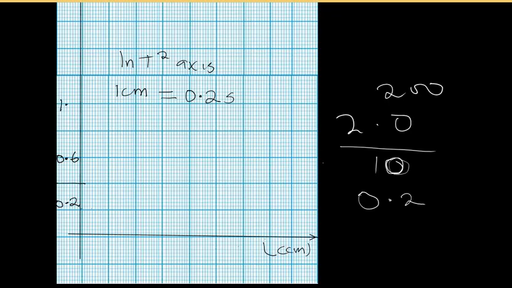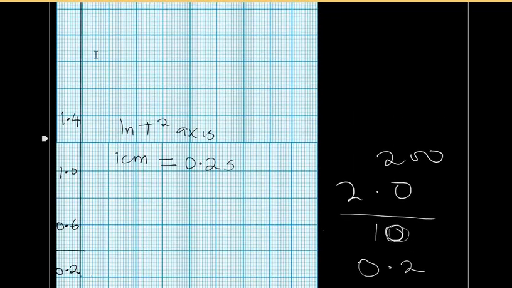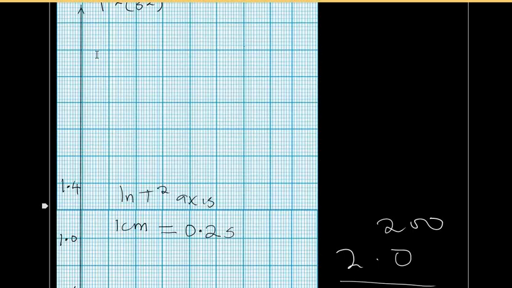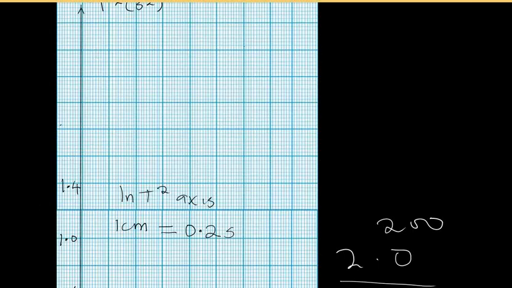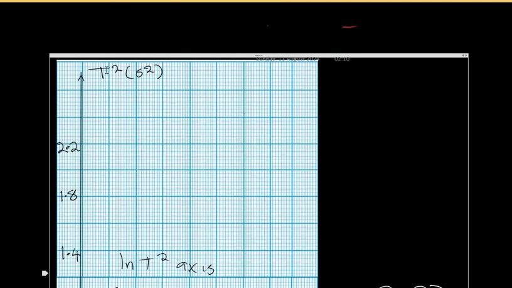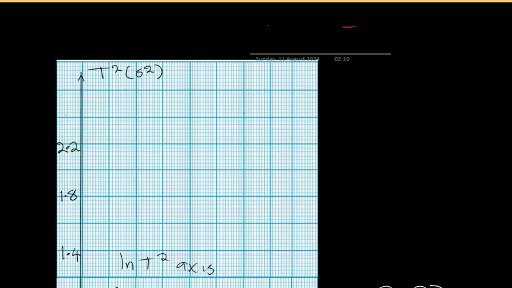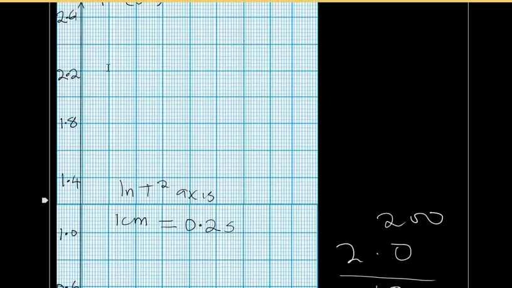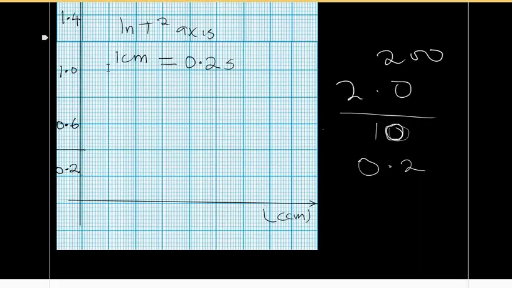So here I have 1.0, 1.2, 1.4, 1.6, 1.8, 2.0, 2.2, 2.4, then 2.6. All right, I am good to go.